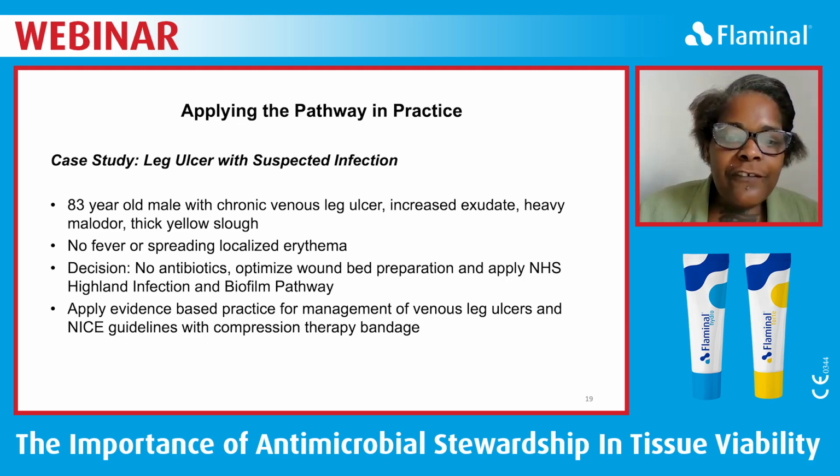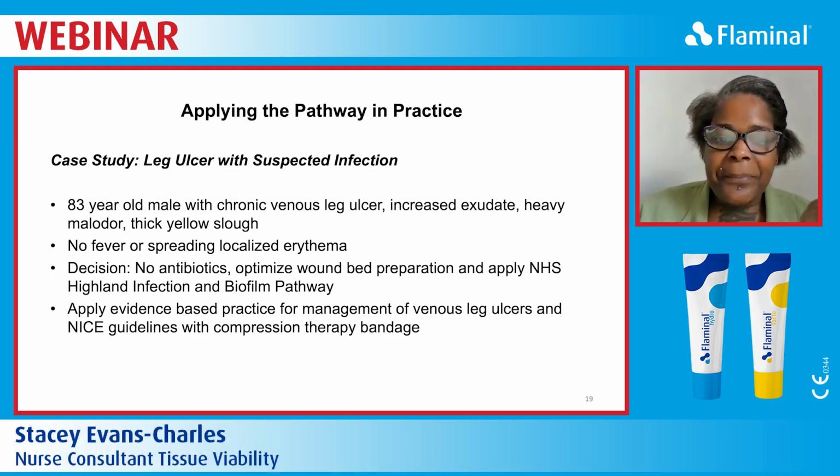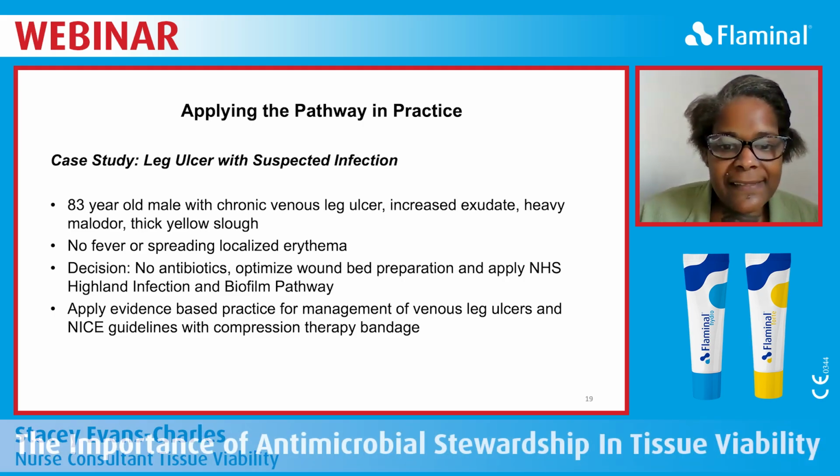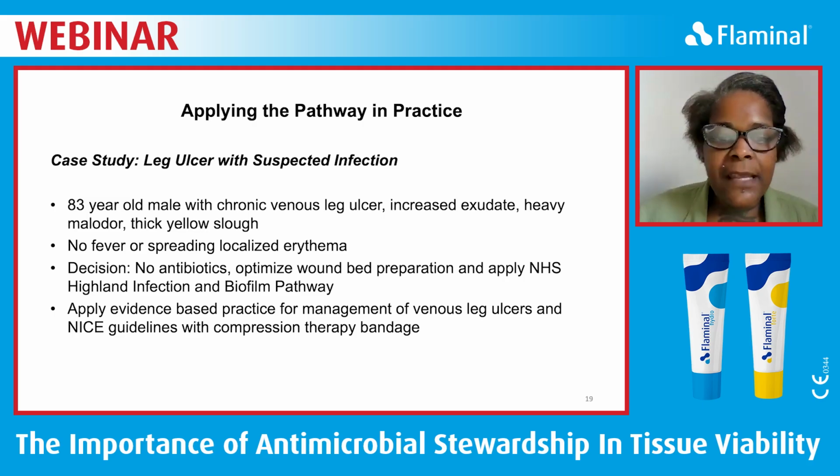He also had no fever or spreading erythema, so there was a decision not to give him antibiotics, but to optimize wound bed preparation. That would be cleansing the leg, cleansing the wound bed, debriding the slough with the appropriate care plan, which we will go through, and applying evidence-based practice for management of venous leg ulcers using NICE guidelines and the application of compression therapy bandages.